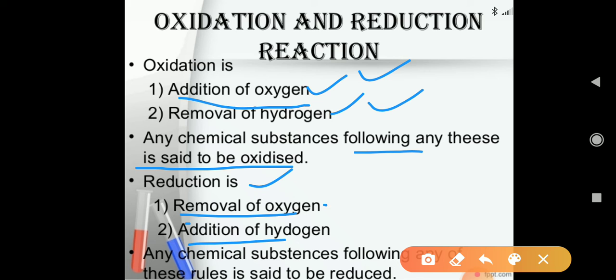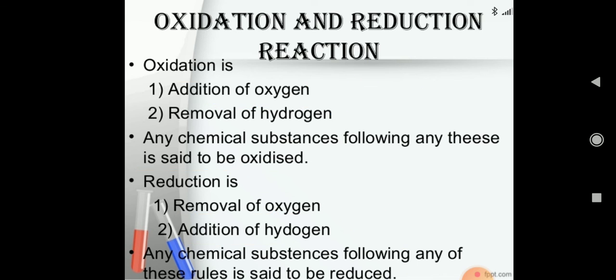So removal of oxygen and addition of hydrogen is a reduction reaction, and addition of oxygen and removal of hydrogen is an oxidation reaction. Okay, so these are two more types of reactions: oxidation reaction and reduction reaction. Now we have to see an example of this.